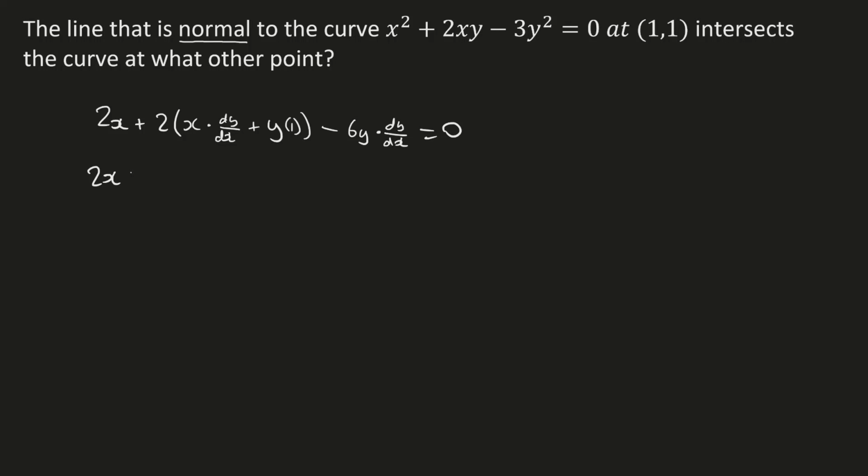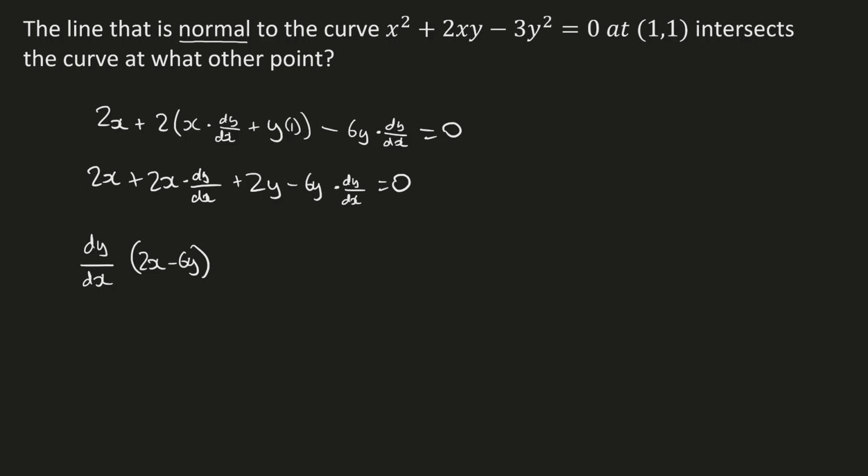Now we keep going. So 2x plus 2 times x times dy by dx, and we have 2 times y, so plus 2y minus 6y times dy by dx equals 0. We can factor out the dy by dx for 2 of the terms, so we have (2x minus 6y) dy by dx plus 2x plus 2y equals 0.